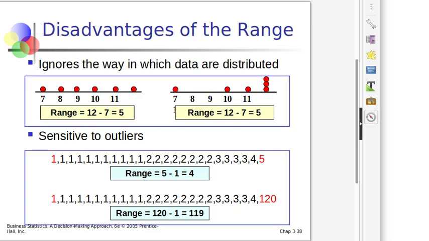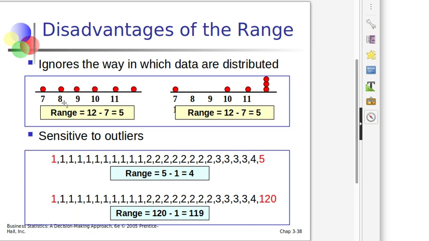Now, there are disadvantages of the range, because it ignores the way in which data are distributed. It doesn't take into account how data are distributed.